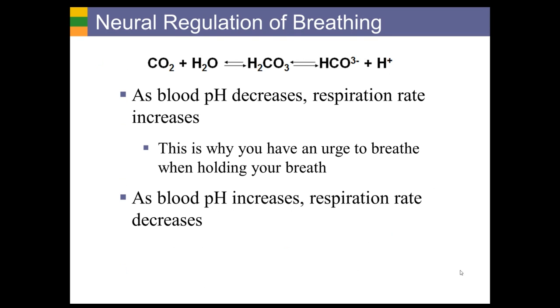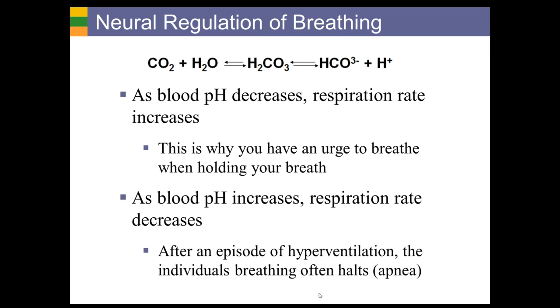As blood pH increases, respiration rate decreases, the other way as well. That is why after an episode of hyperventilation, people who hyperventilate typically will either stop breathing for a period of time, or their respiration rate will be lower.